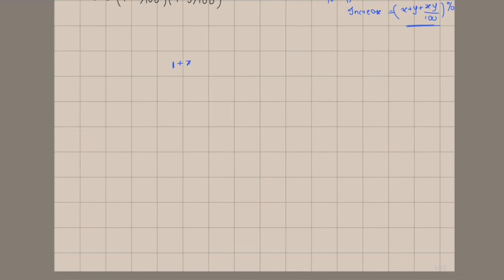We will get 1 plus x by 100 into 1 plus y by 100 into 1 plus z by 100. So this means it is increased by x% and then y% and then z%.